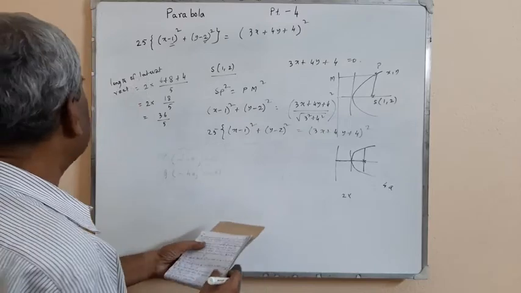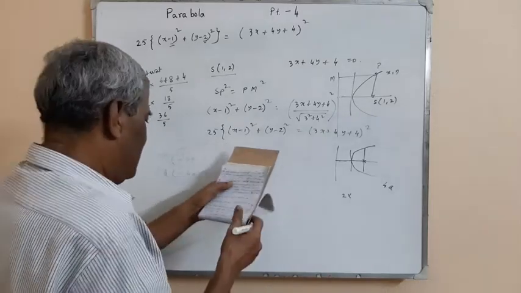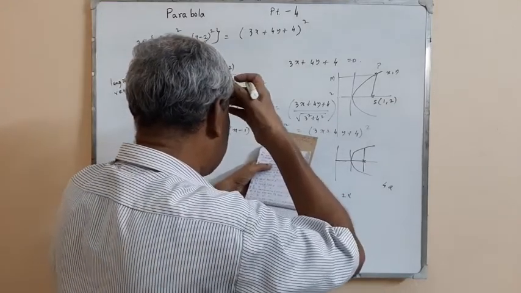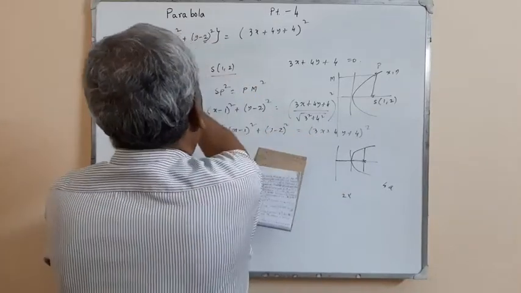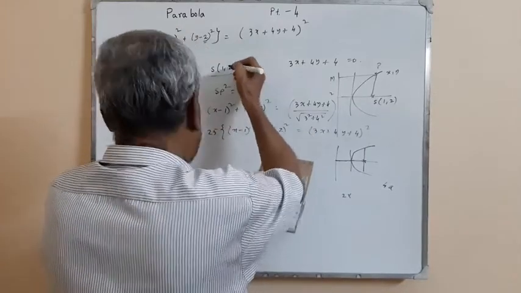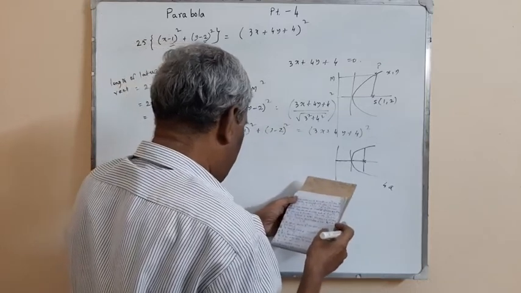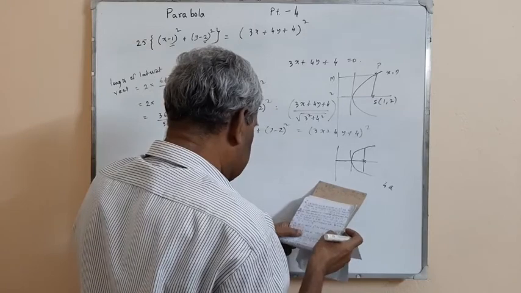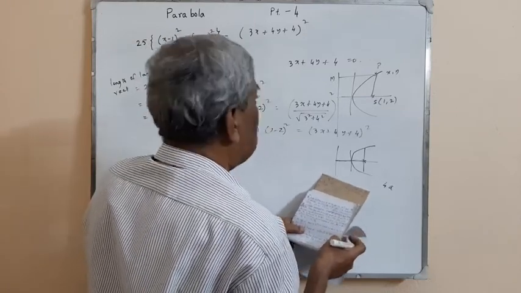Options 30. Just 1 minute, just 1 minute. I have made a mistake somewhere. The length of latus rectum, focus (1, 2), and the directrix 3x plus 4y plus 4.